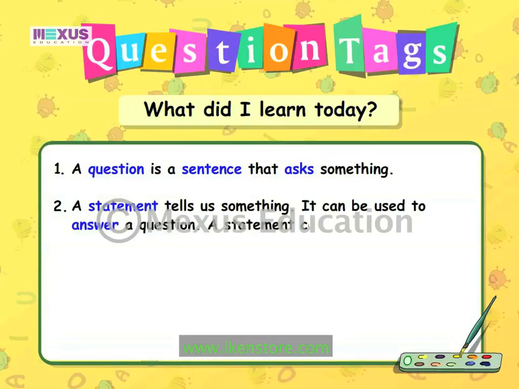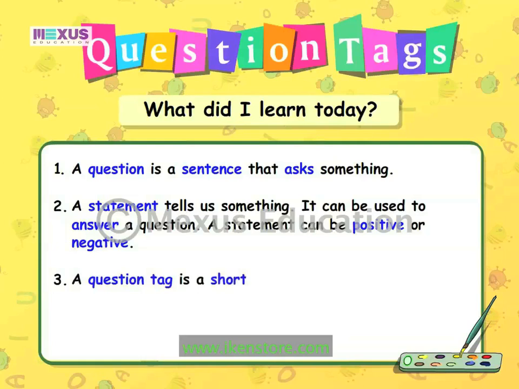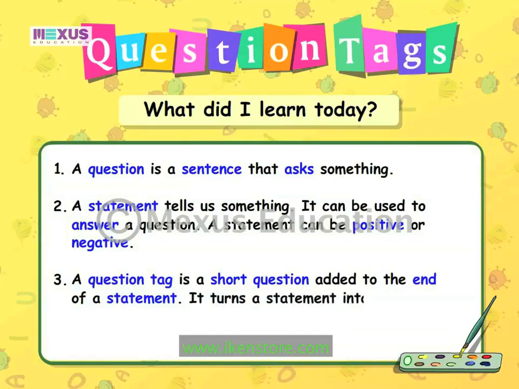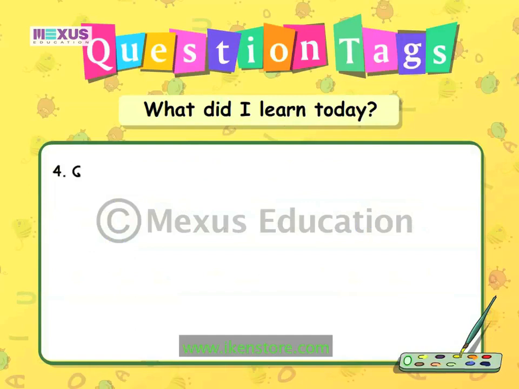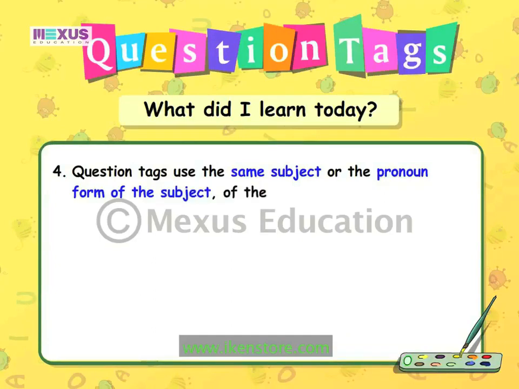A statement can be positive or negative. A question tag is a short question added to the end of a statement. It turns a statement into a question.